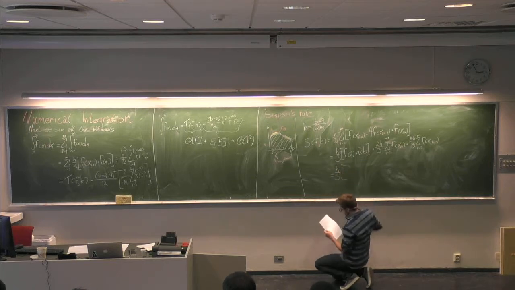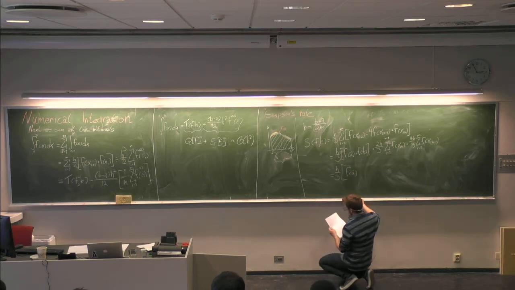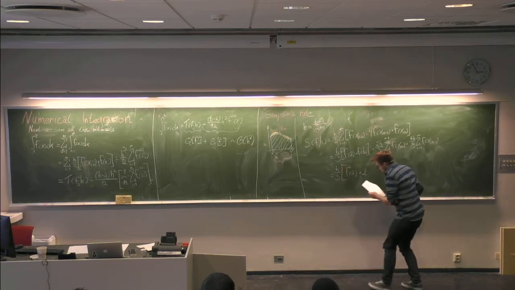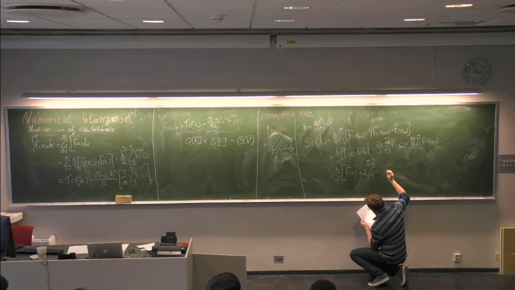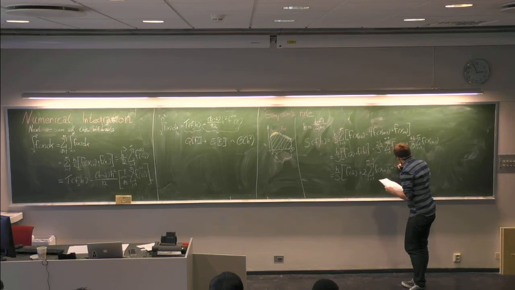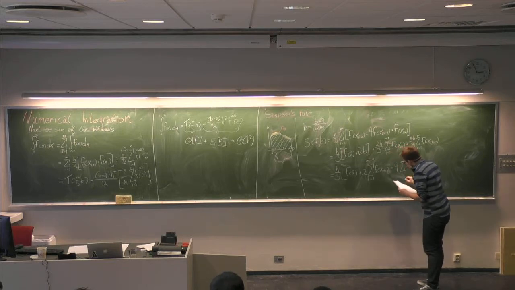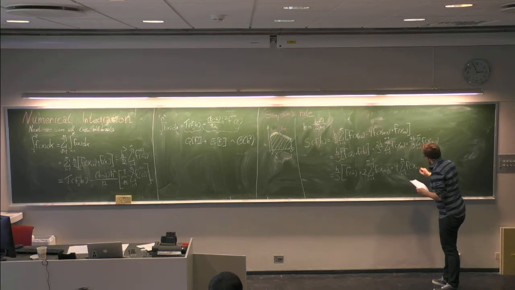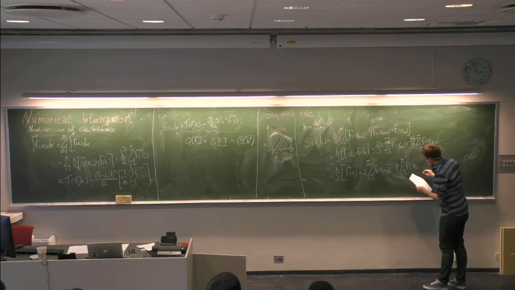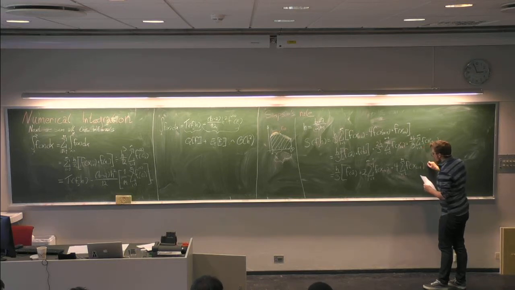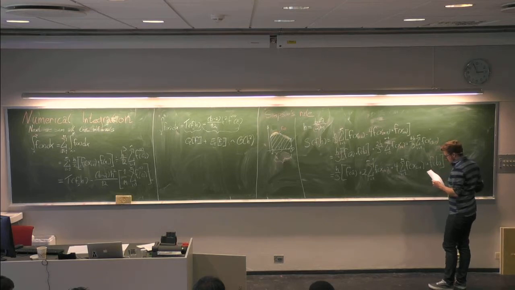So h over 3 times f of a plus 2 times the sum from i equals 1 to m minus 1 of f of x_{2i} plus 4 times the sum from i equals 1 to m of f of x_{2i-1} plus this f of b, like so.